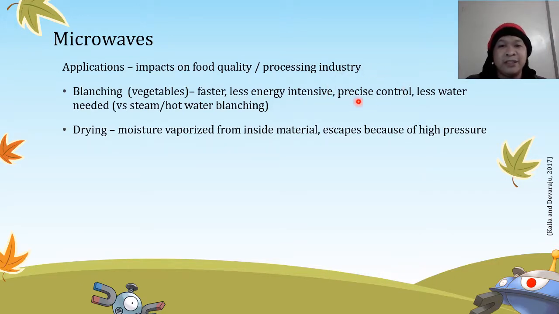Okay, you have precision control over the kung ilang watts yung power output, and you need less water versus steam or hot water blanching. So sometimes I've tried cooking pechay in the microwave pag tinatamad akong mag-boil or mag-steam nito. And yes, from an energy standpoint, it does consume less.